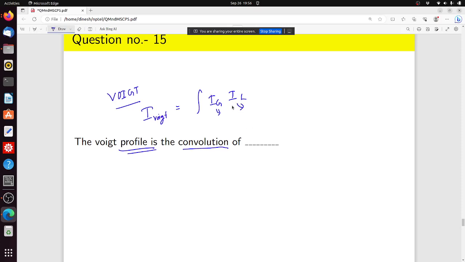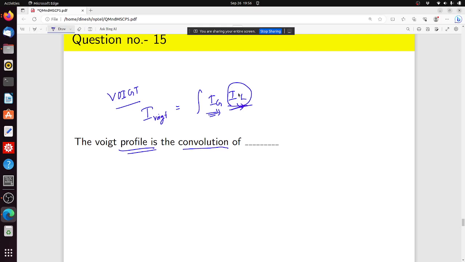The homogeneous part comes from the Lorentzian shape, and the inhomogeneity comes from the Gaussian part, because the Gaussian shape comes due to some external factor like temperature, pressure. Whereas the Lorentzian shape comes due to the internal property of the molecule.